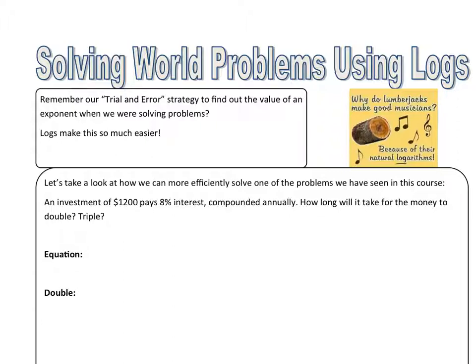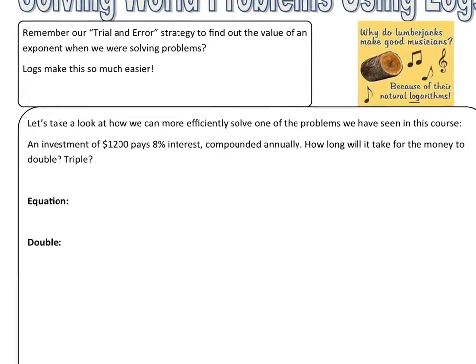So let's take a look at how we can more efficiently solve a problem that we may have seen earlier in this unit. An investment of $1,200 pays 8% interest compounded annually. How long will it take for the money to double or triple? So the first thing we need to do is come up with an equation.